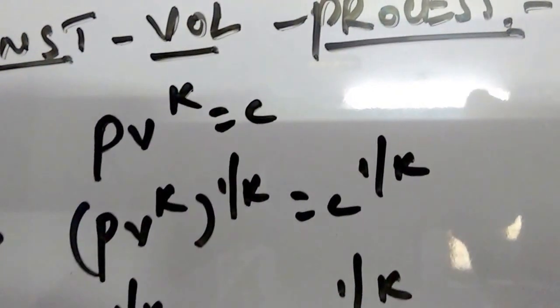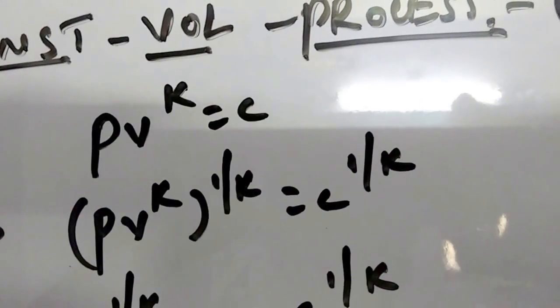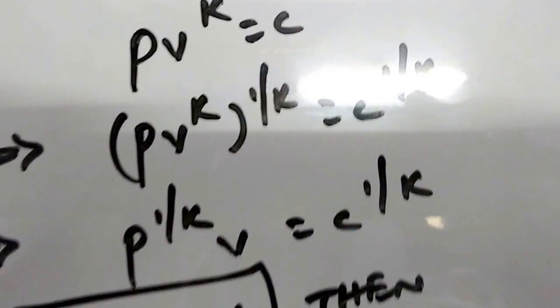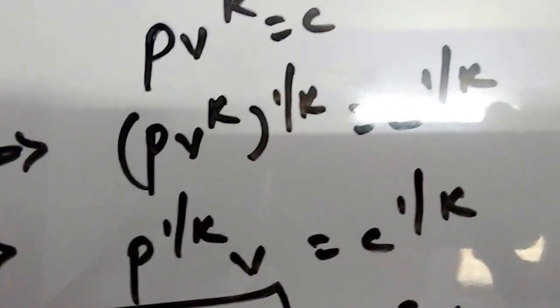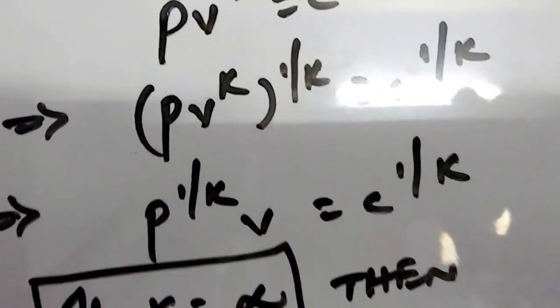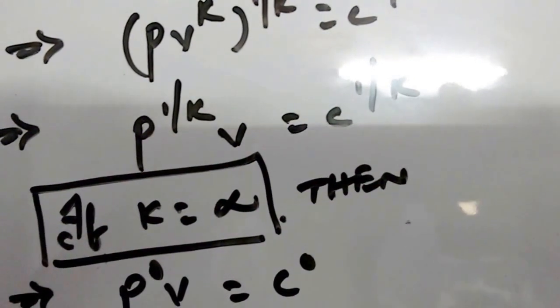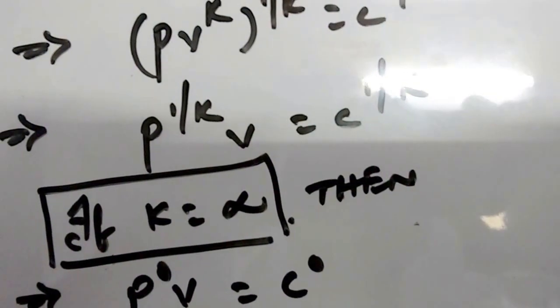Raising both sides to the power 1/K on the LHS and RHS, we get the equation P^(1/K) into V = C^(1/K). Check for what value of K it satisfies the condition V = constant.